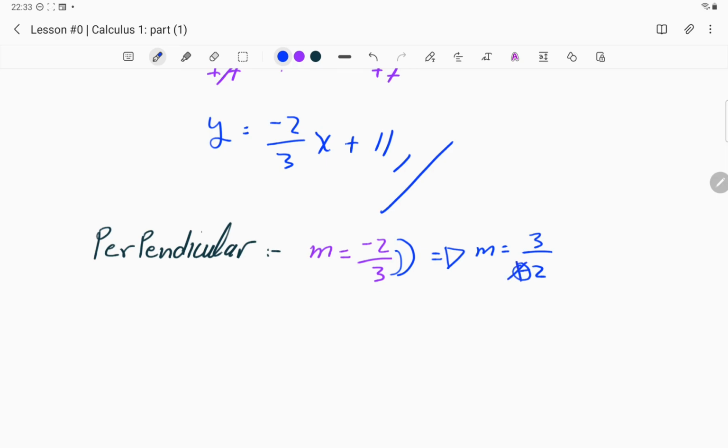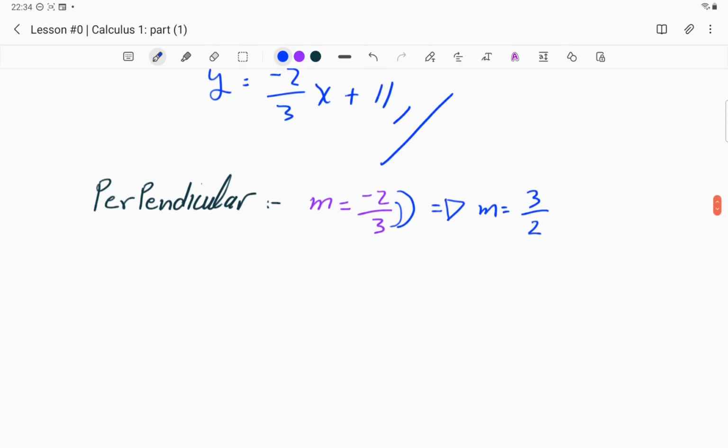So in the end, it's not only flipping, but also removing any negative sign of the slope if it's negative. And then we basically solve for y. Let's go ahead and solve for y now.